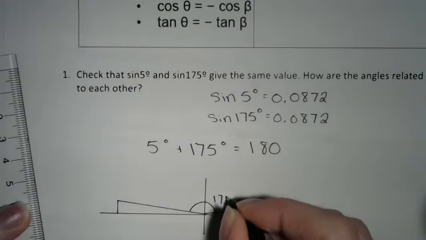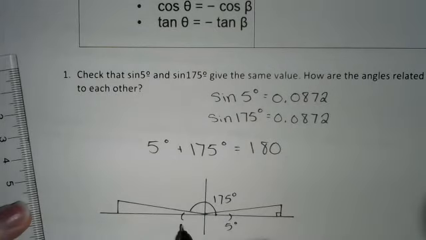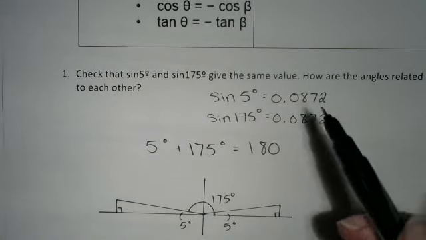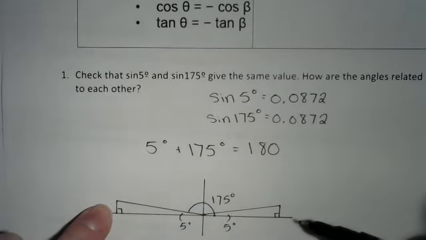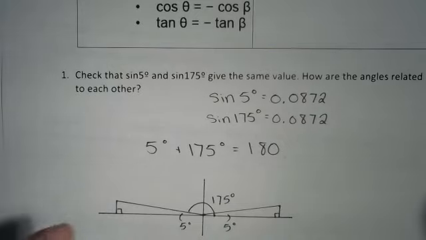So if this is 175 degrees, that means this is also 5 degrees. What that means is when we do these calculations, we're using the exact same triangle to calculate them. So that's why they're exactly the same.